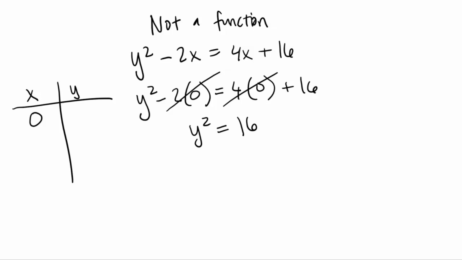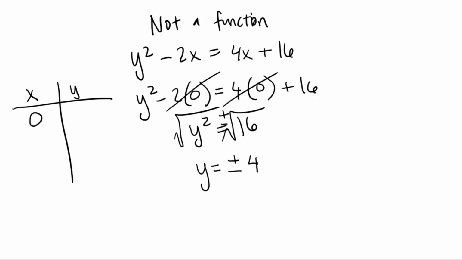To finish solving for y, I would square root both sides. Now remember, anytime you square root, you need to add a plus or minus in front of the square root. So y would equal plus or minus, the square root of 16 is 4.